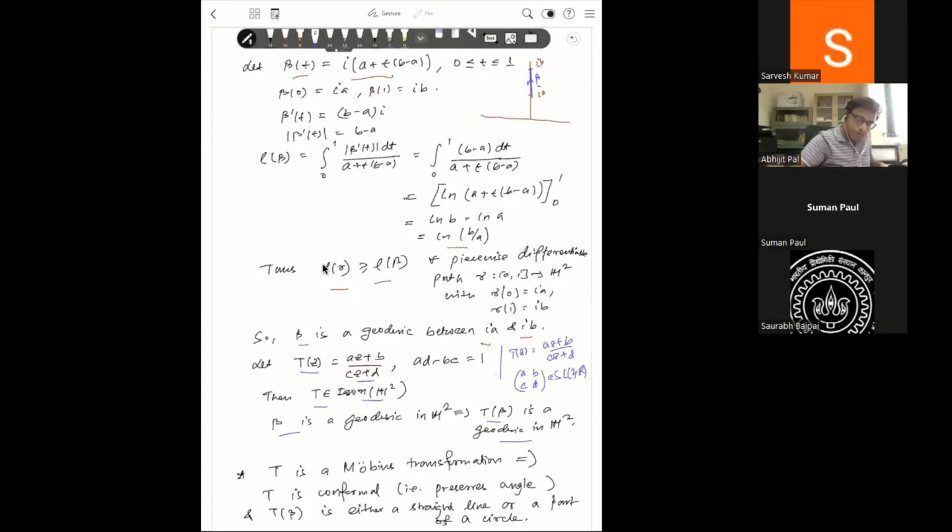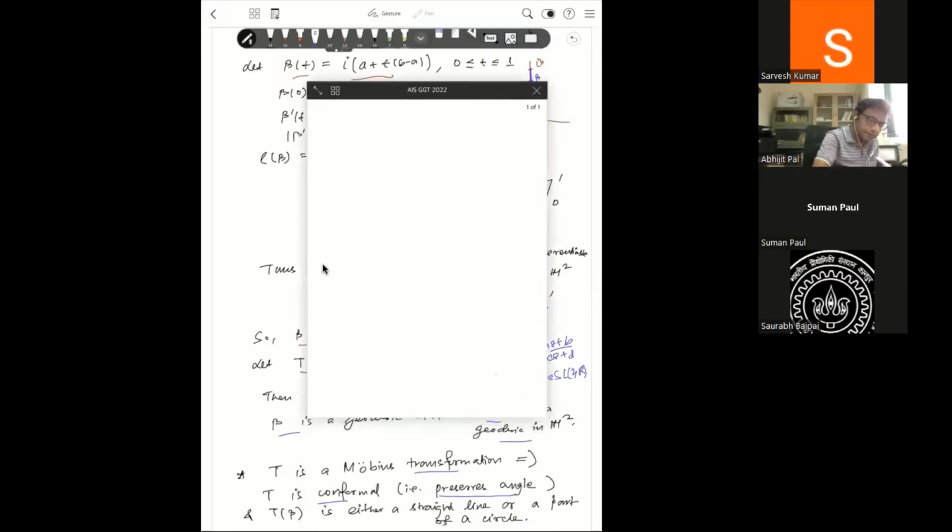So T of beta will be a geodesic, and T is also a Mobius transformation. So it is in fact conformal, which means that it preserves the angles. So we already have proved that this imaginary axis is a geodesic.